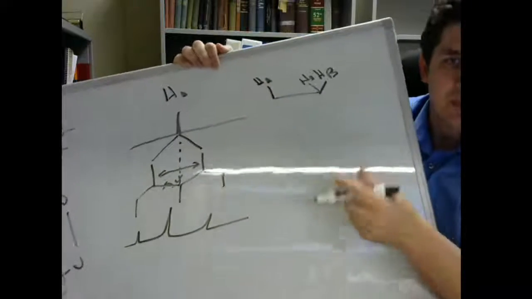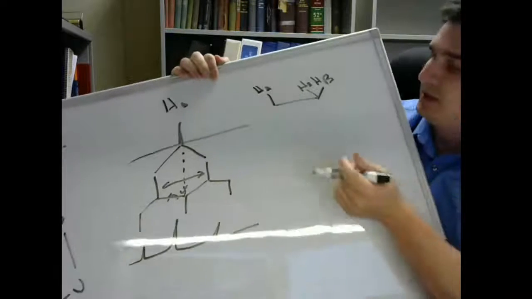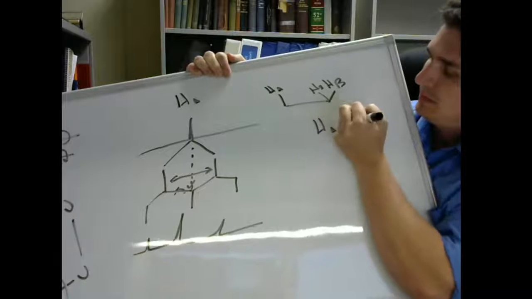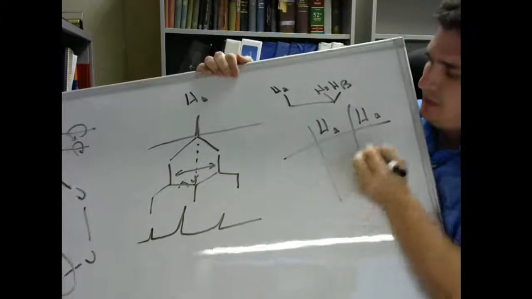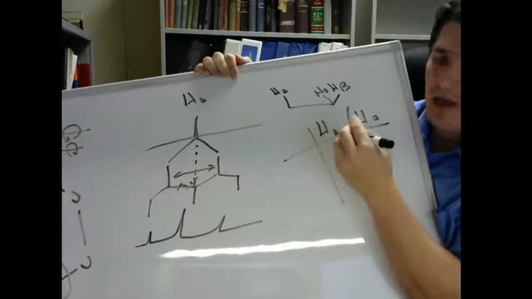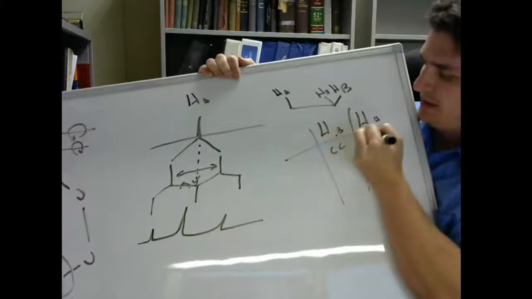The reason we're going to get a triplet is that there are three unique possibilities. We'll do a table. We have one where hydrogen atom B and hydrogen atom B are both counterclockwise.